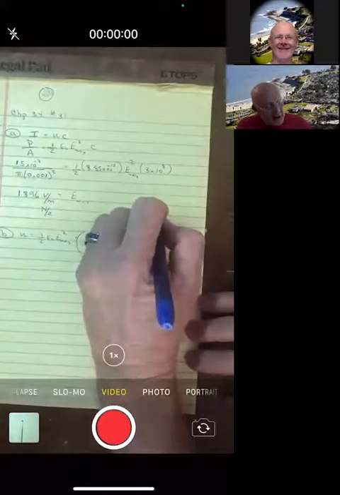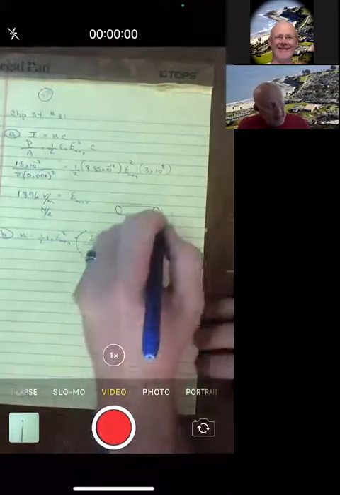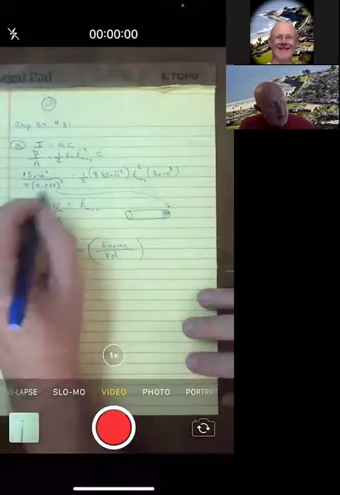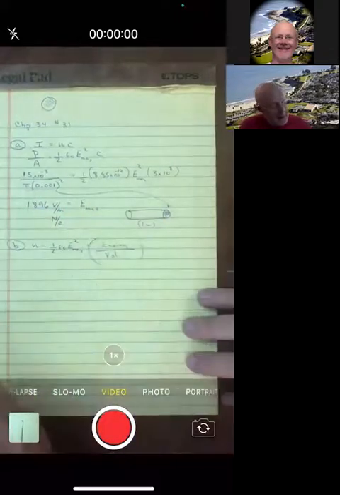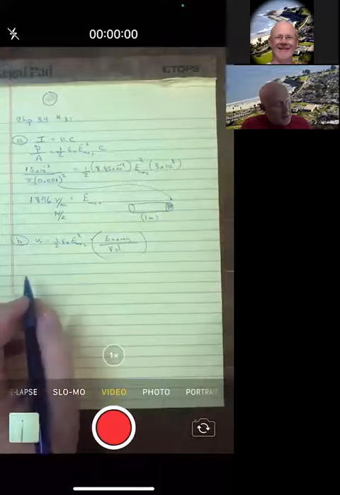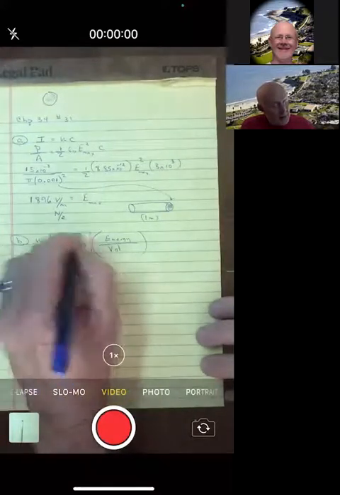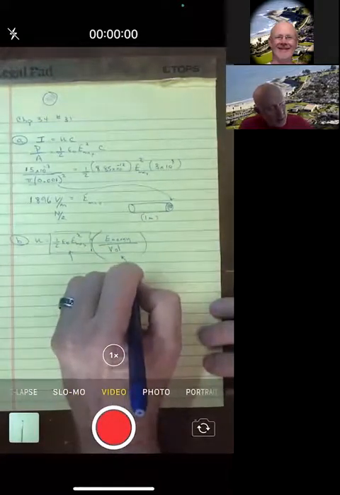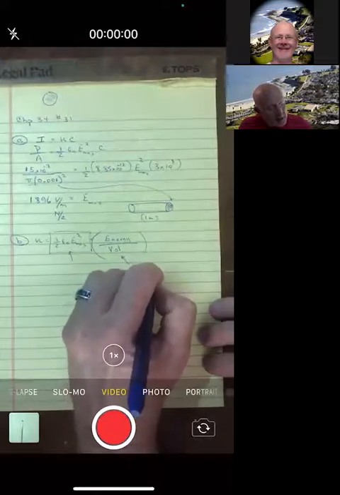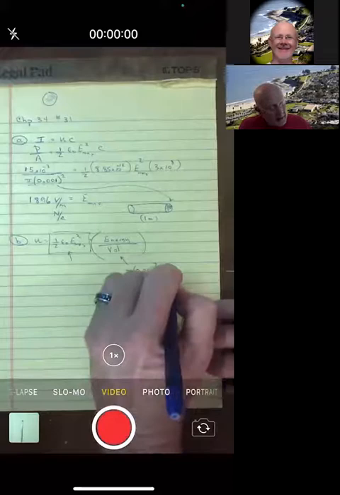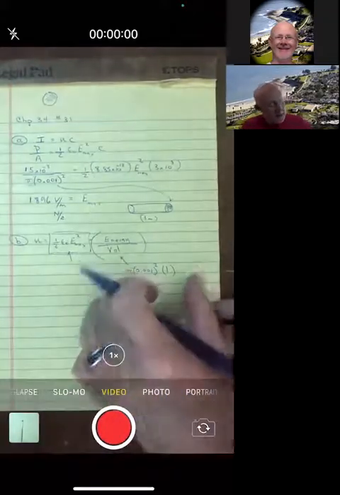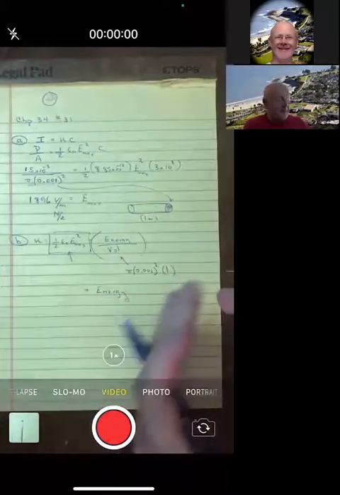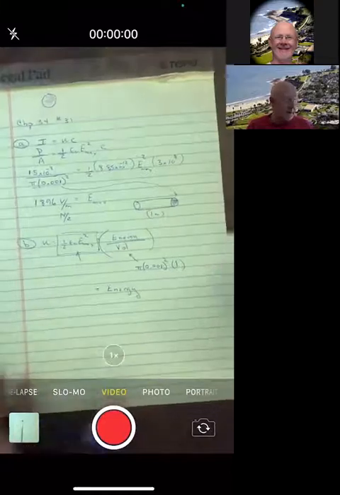If I draw a picture of the beam here, it would be this cross-sectional area, and then the length is 1 meter. So why don't I do the energy density and then multiply by its volume, which would be pi r squared times the length of 1 meter, and that would be the total amount of energy in 1 meter's worth of length.